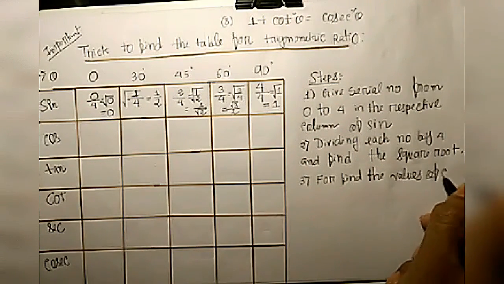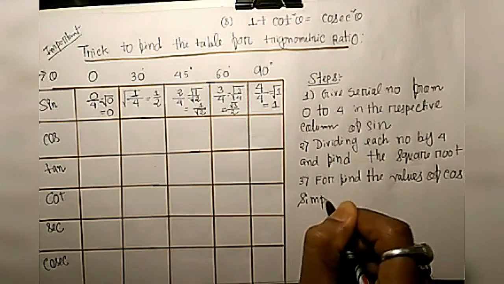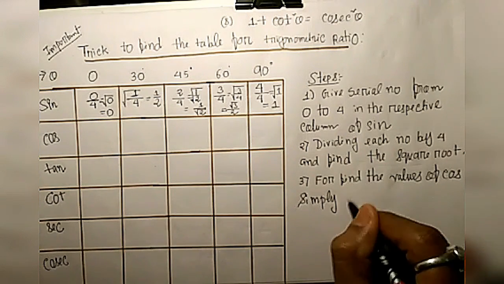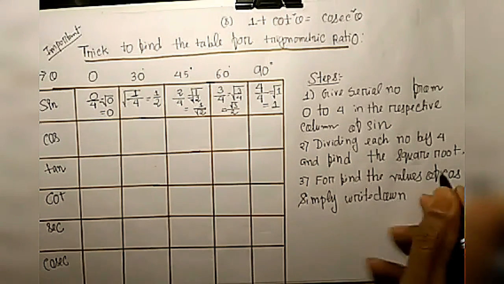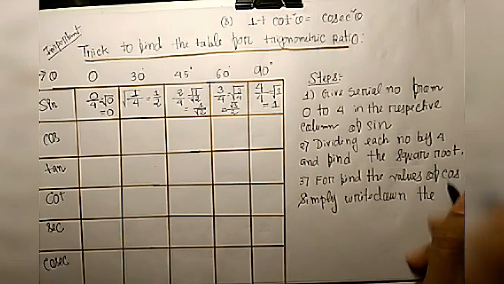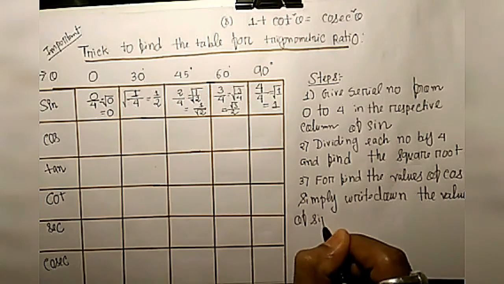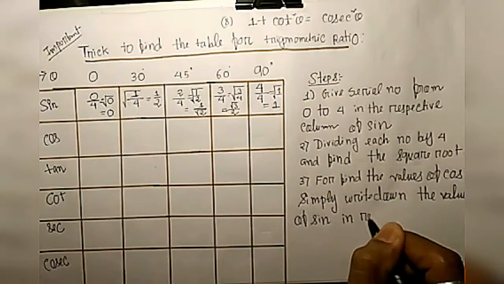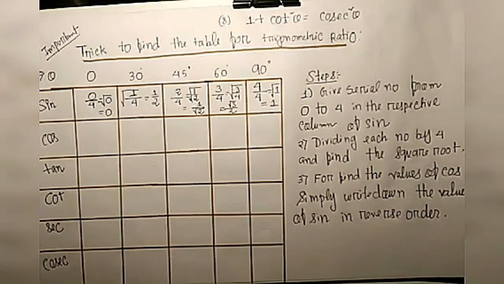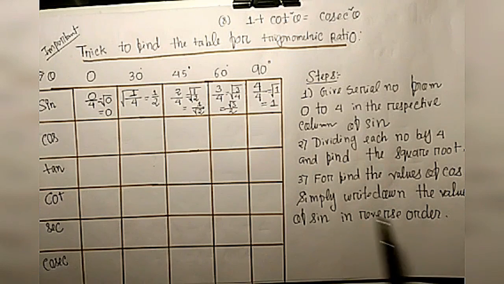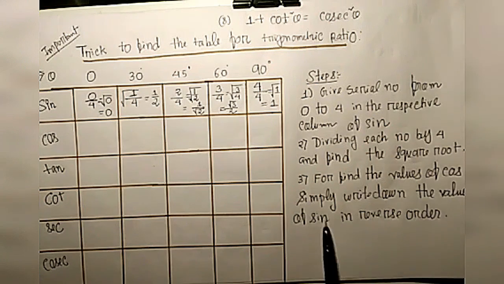To find the values of cos, simply write down the values of sine in reverse order. So we know the values of sine, and for finding the values of cos, we simply write them in reverse order.